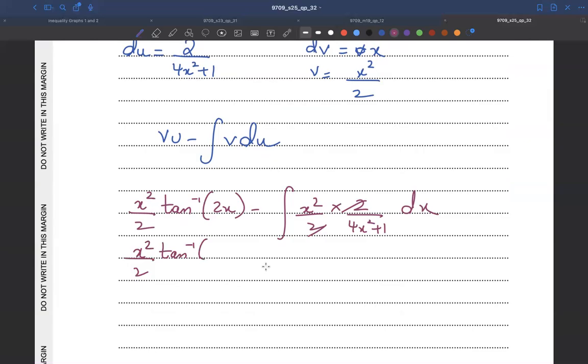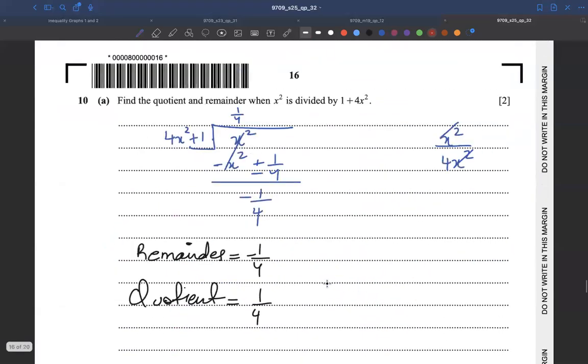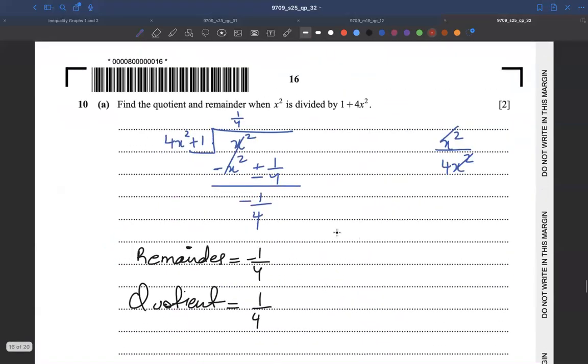And now we have to integrate x squared upon 4x squared plus 1. Now we'll use part A in this case. We divided these two functions and we got the quotient and remainder as 1 upon 4 and minus 1 upon 4. So we can write this expression as 1 upon 4 plus, and just for revision, if I divide 7 by 3, we get 2 wholes and 1 upon 3, or we can write it as 2 plus 1 upon 3.